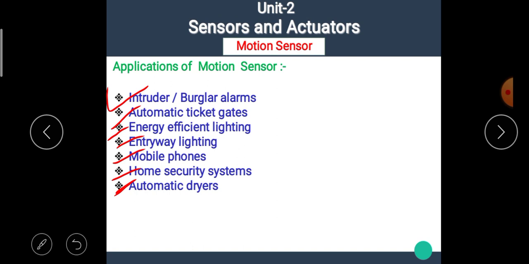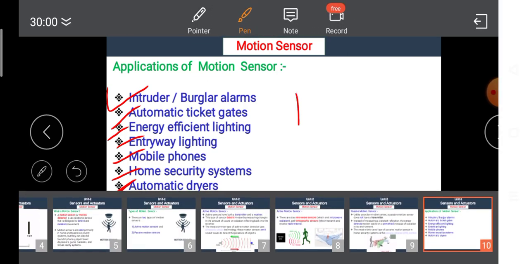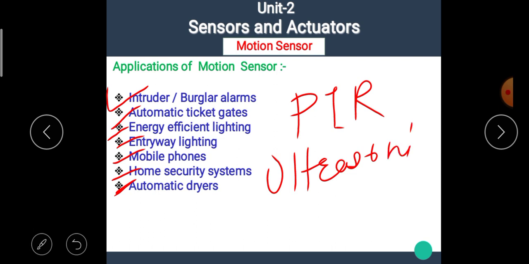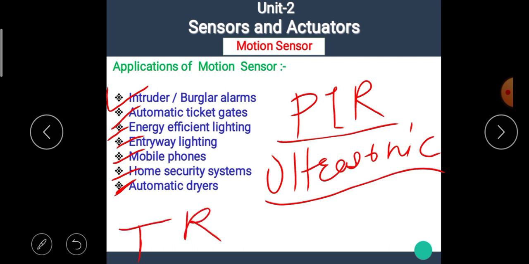That means motion sensors are used in various applications. In motion sensors there are a number of sensors, like the PIR sensor or the ultrasonic sensor, and depending upon the working of these sensors, they are classified into active sensors and passive sensors. In an active sensor, both transmitter and receiver are used, while in a passive sensor only a receiver is used, there is no transmitter.